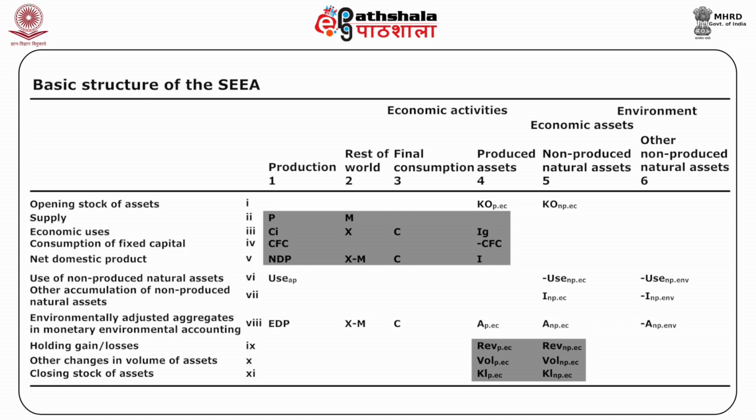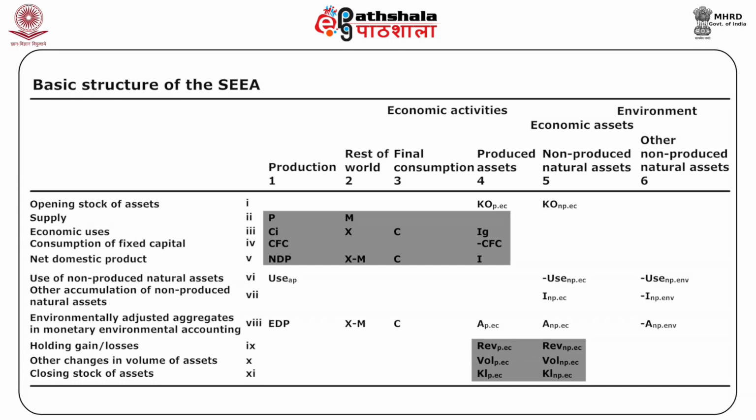Row 2 records total supply comprising domestic production, capital P, and imports, capital M. Row 3 records economic uses of total supply. A part of supply is used in further production which is given by CI, and the balance is either exported, which is given by capital X, consumed by households or government, which is capital C, or invested, IG.